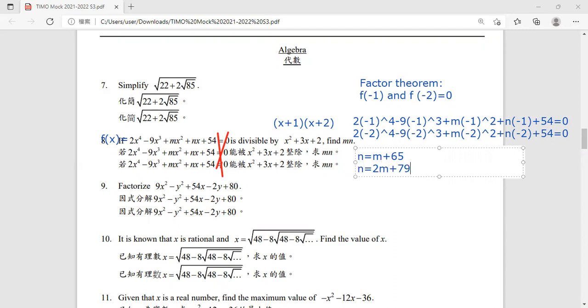We just simplify. So you just equate both sides. So n is equal to negative 14, and then m is equal to 51. So mn will be equal to negative 714, just that.